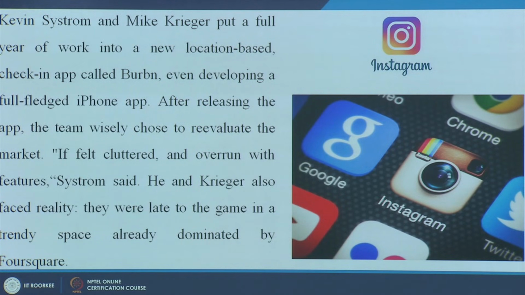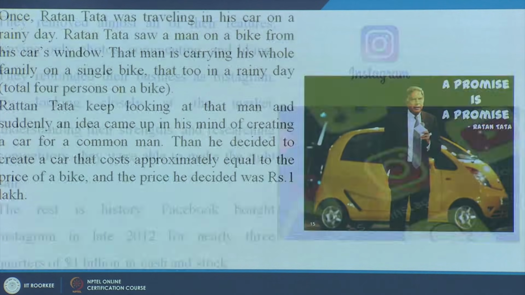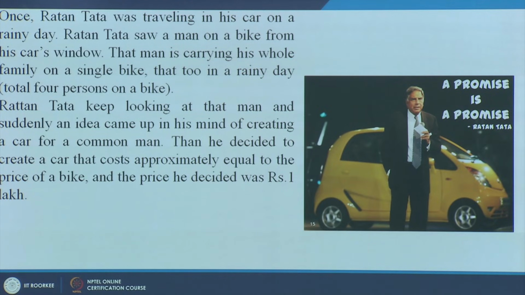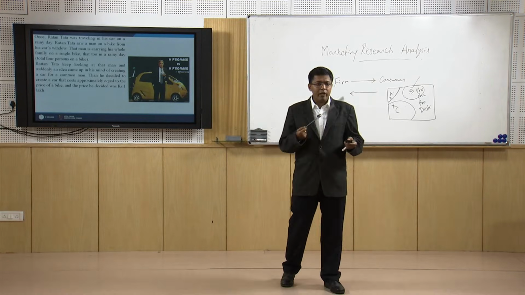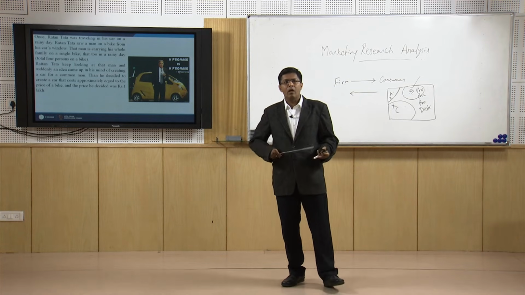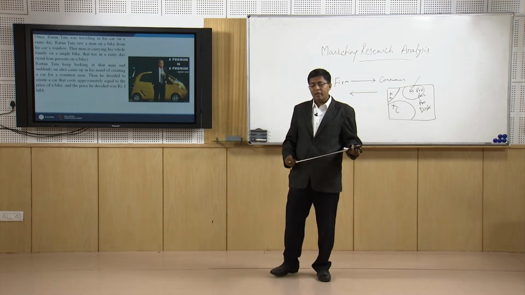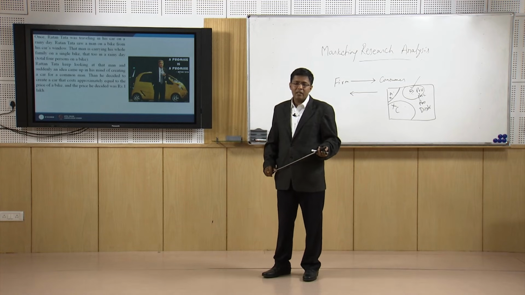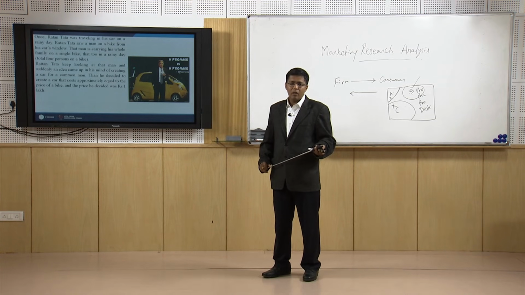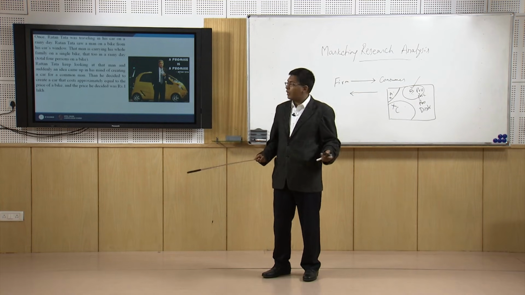I have put it here, you can see that later on, and I have also put the case of Nano. Nano is a very classic Indian case. I do not want to get into the debate of whether it was successful or not, but we can easily say that Nano was a classic case of a new product being developed for a new range of consumers.